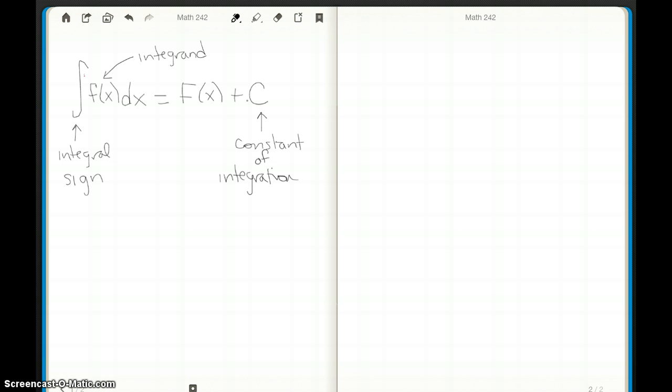Okay? So again, this is an important relationship, and remember that this relationship is all dependent upon a derivative, right? Capital F is the antiderivative of little f, and that's what the integral sign is telling us to do, to find the antiderivative of little f. But remember that the relationship between little f and big F is that if you take the derivative of big F, you get what?